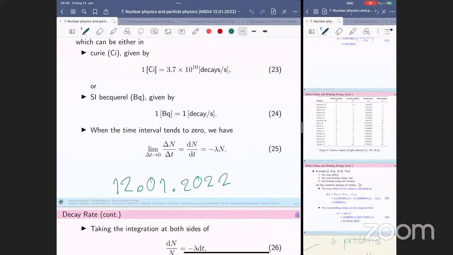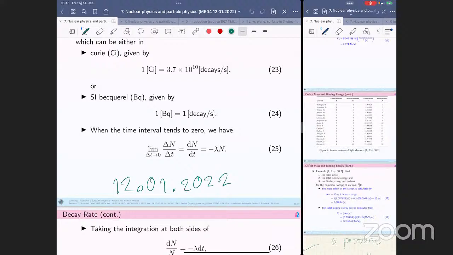Yes, and the rate of change in the calculus sense is equal to minus lambda N, right? You know that expression in the bachelor degree is called a differential equation.